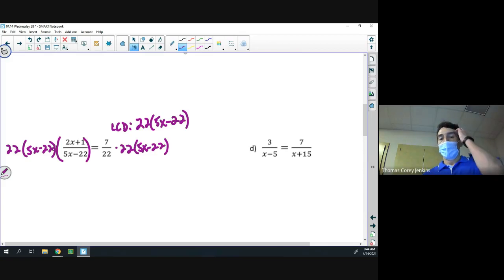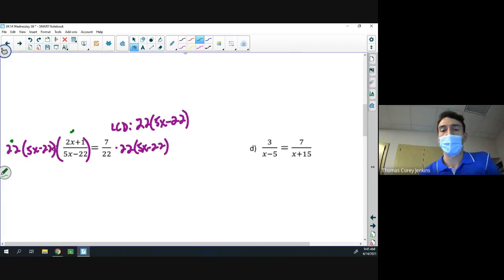All right, so it looks complicated, but if we can use some generalizations here, it's not going to be too bad. So if we think about multiplying this by our LCD, the 5x minus 22s basically cancel each other out. So all we're doing really is taking 22 times 2x plus 1, right?